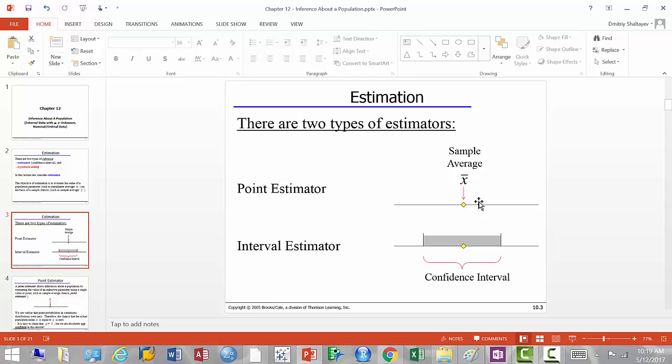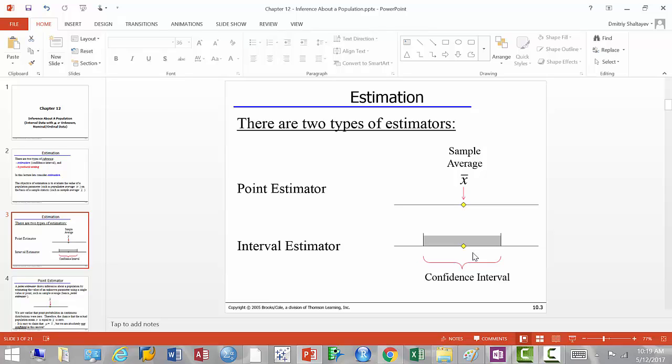So how statisticians solve this problem? Well, they say, apparently we cannot get a lucky sample, right? It's very, very highly unlikely. So how about I'm not going to even try to guess the mean of the population as just one single number. Instead of that, I'm going to provide an interval, but my statement is going to be more shady, okay?